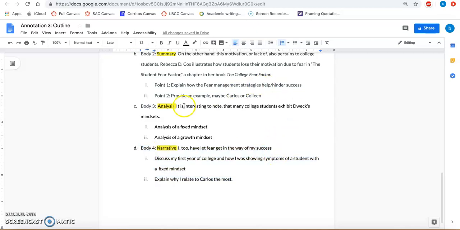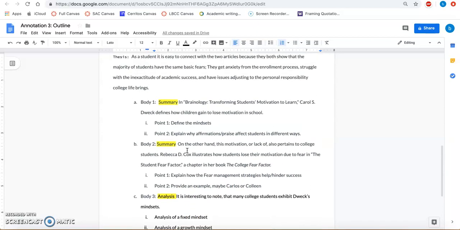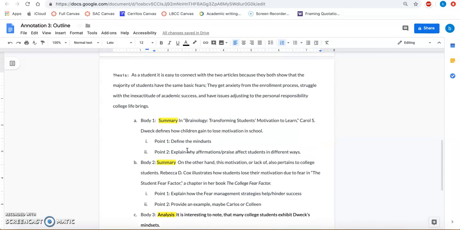I'd like you to review body paragraph 3 and 4 on your own, but at this point I want to go back and see how the main ideas of body paragraph 1 and body paragraph 2 are really supporting the thesis statement.